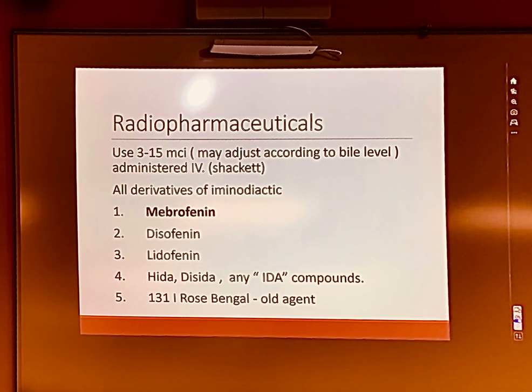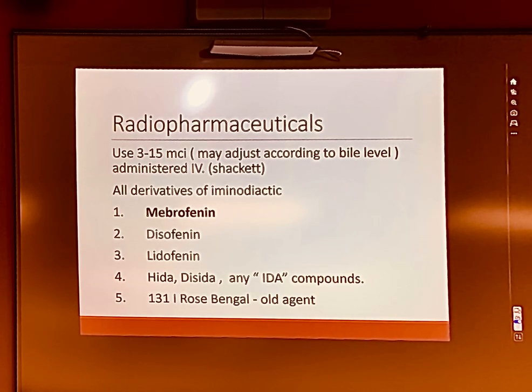However, there is a lidofenin and a disofenin. They're different manufacturers. They're a little bit different on the acid, on the little amino acid chain that they use, but they all do the exact same thing. They function the exact same way. Okay. So it is called a HIDA agent, a DISIDA agent, or any kind of IDA compound.